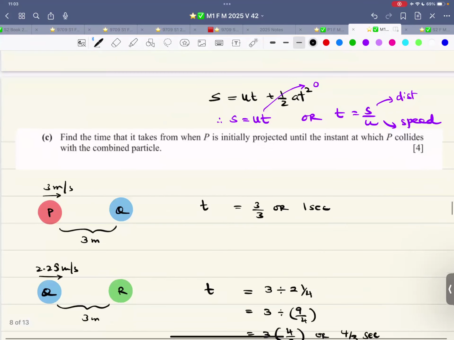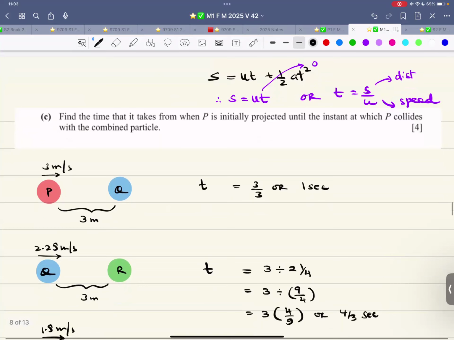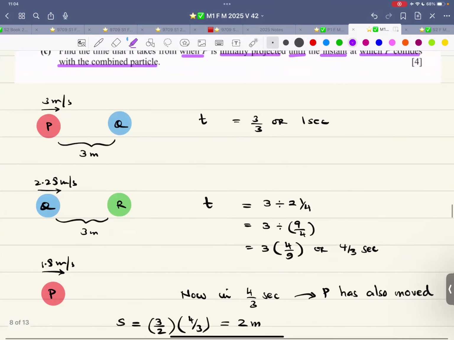Now comes the real part, that is for 4 marks. Find the time it takes from when P is initially projected until the instant at which P collides with the combined particle. So that means P still moves in the same direction and it will collide. Let me go step by step because that's the only way to success.